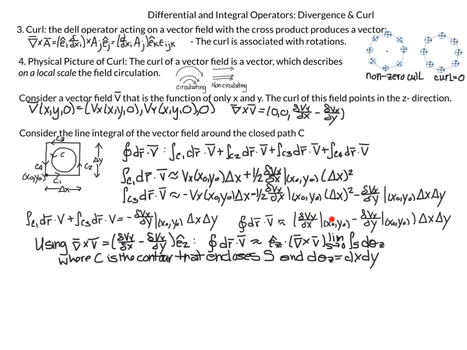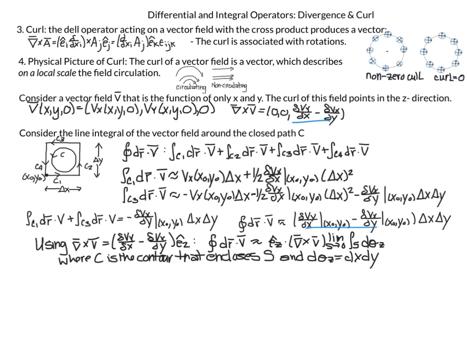We can plug that in here, because that's exactly what we have: the partial derivative with respect to x of v_y, minus the partial derivative with respect to y of v_x. So we plug that in. What we get is that our line integral is equal to the curl of v in the z direction times the area.